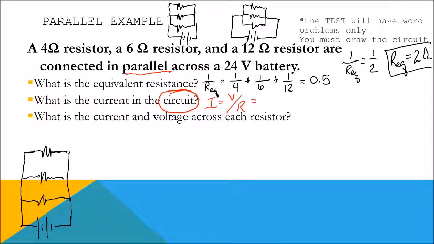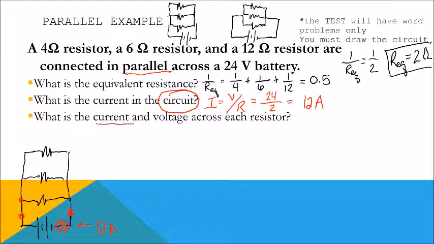The voltage for the whole circuit is 24, and the resistance for the whole circuit this time is 2. So our current this time is 12 amps. And that would only be true if we measure it down here near the battery, or somewhere before these junctions.